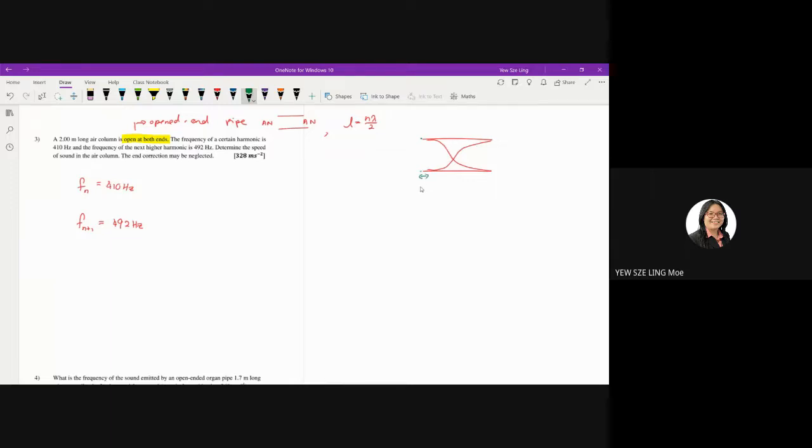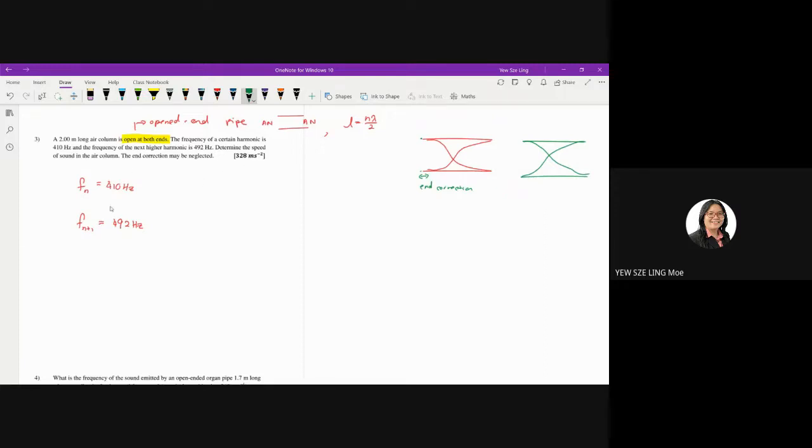This is what we call end correction. There's another equation to calculate it, but since it's no longer in our syllabus, we assume that the wave ends right at the end of the pipe. So there is no end correction in our questions. So calculate the speed of sound.